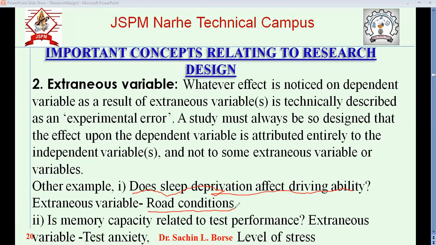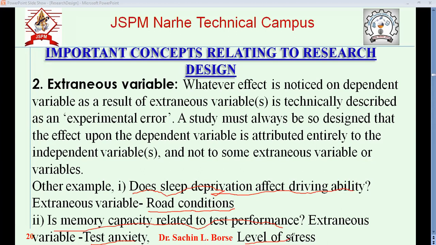Now we'll take the next example, that is the memory capacity related to test performance. Suppose we conduct a test for the students, whether his or her performance is linked to the memory capacity. There can be other parameters also, not only memory, whether there is anxiety or stress, the student suffering from stress because of the exam.